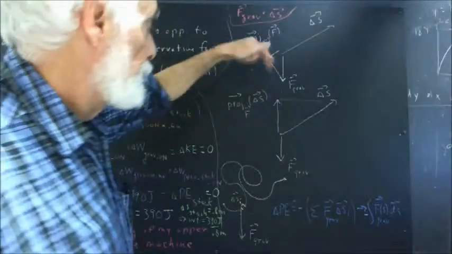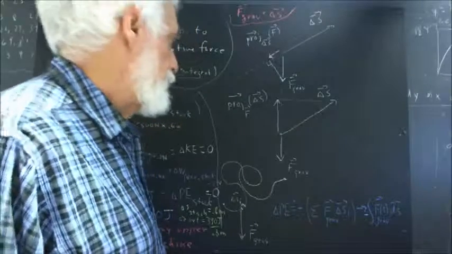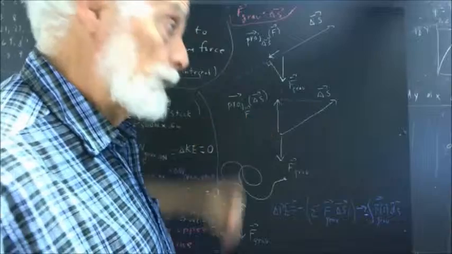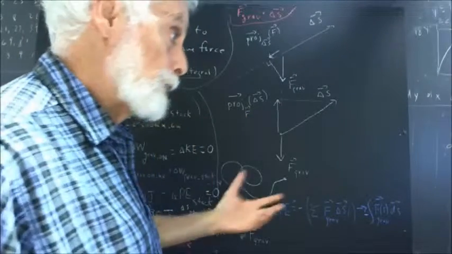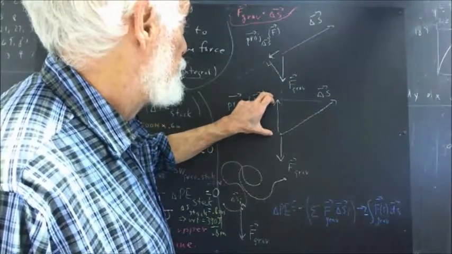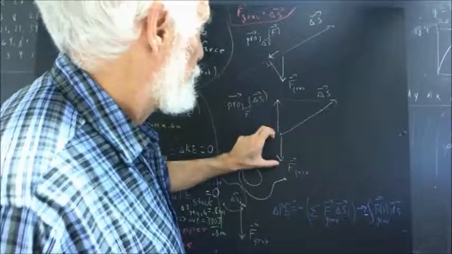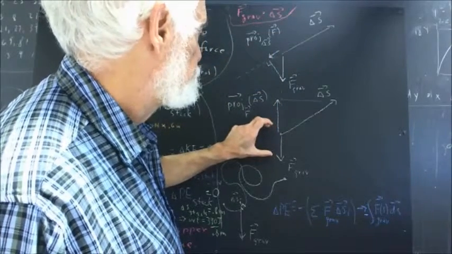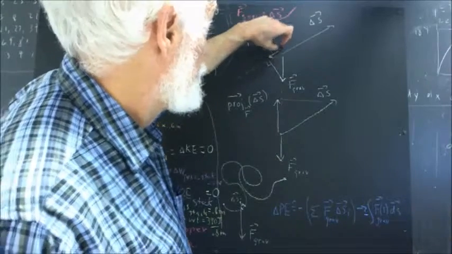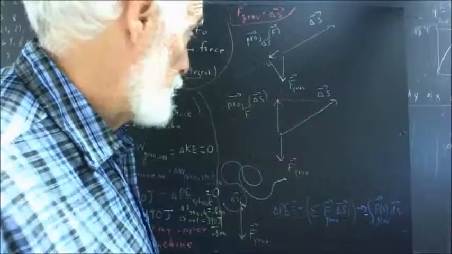Now, there's another picture that would go with the same force and displacement, okay? And that's where you project the displacement vector onto the gravitational force vector. That's equally valid. You're going to get the same result. This is bigger than this, but then this is bigger than this, and they kind of balance out.